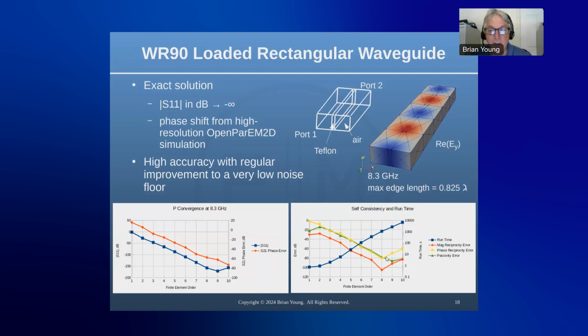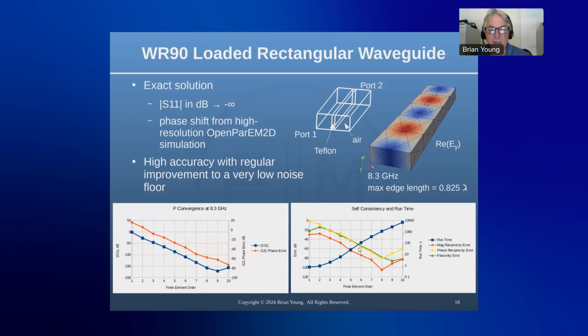There are no losses in this problem, so that means that S11 squared plus S21 squared has to equal 1. So you can calculate an error based on non-physical energy loss, and you can see that the passivity error continues to improve with finite element order to a very small number. So in this example, this is showing that it's possible to get very, very good electromagnetic results to very low errors.